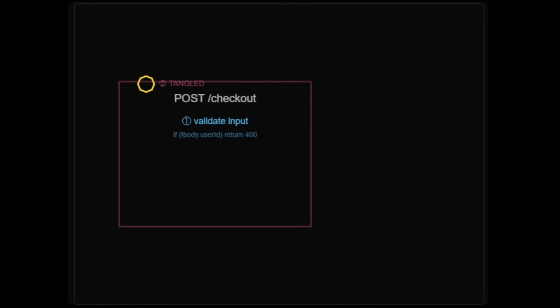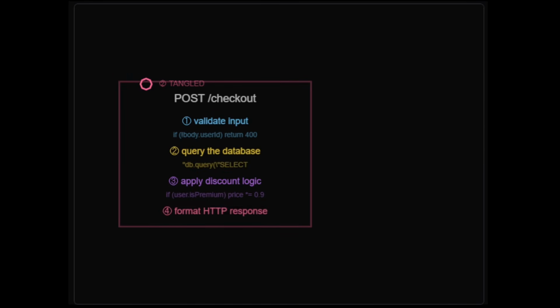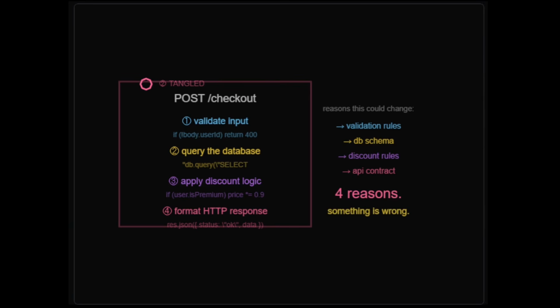And then you try to change something. You want to change how the database query works, but the query is tangled up with the HTTP response formatting. You want to unit test your business logic, but the business logic is inside a React component tied to rendering.